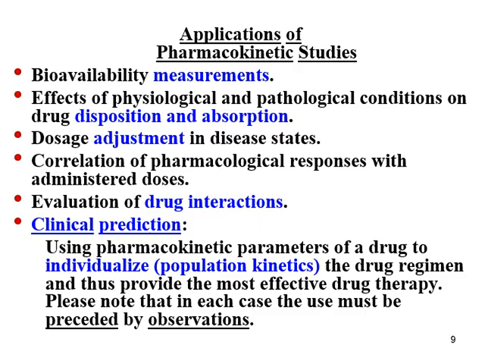But for a specific individual, we can use the PK parameters of the drug in that individual to individualize the drug regimen, and then we can provide the most effective drug therapy. And in each case, the use must be preceded by observations.